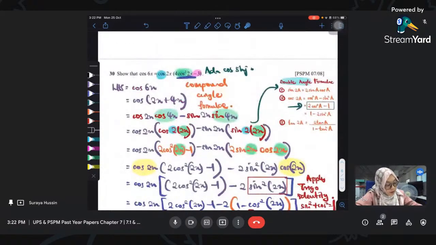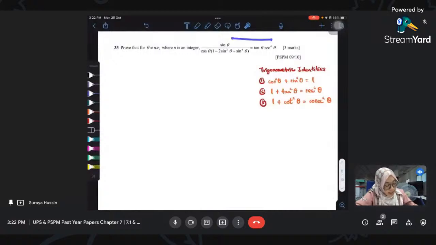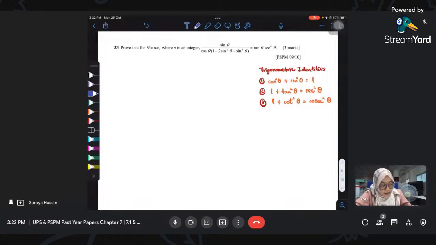So now here is where we can try the left hand side. Many of the things that I try are the left hand side first, but you can also try the right hand side. Just make sure that every time you do proving, you must write the letters LHS or RHS.